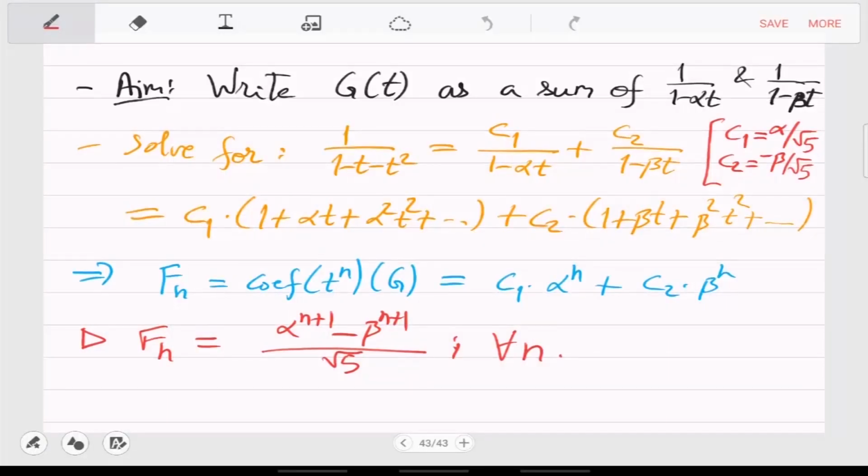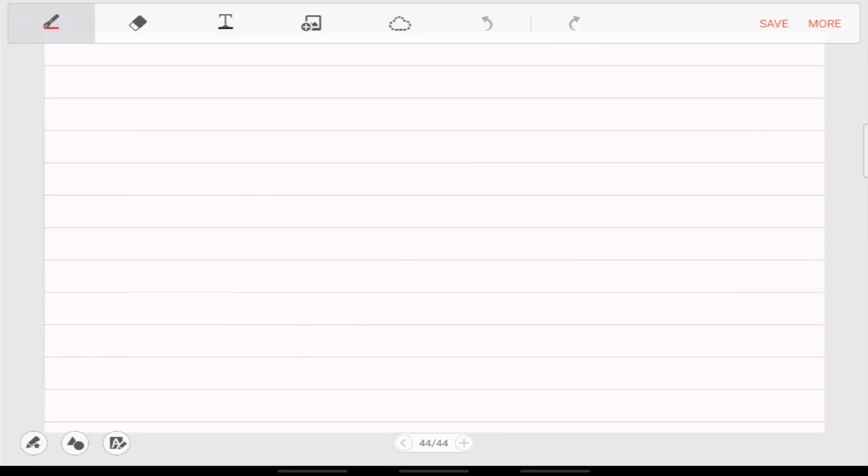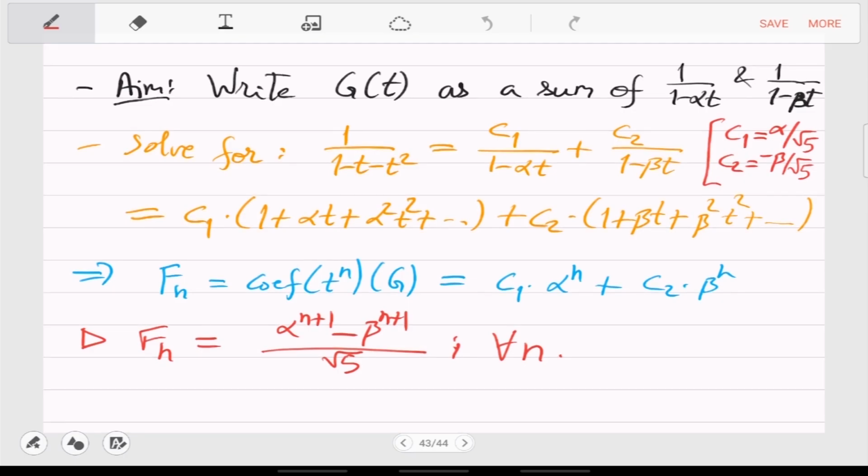proceed with the other kinds of linear recurrences, unless you have a question. So this is a powerful method for linear recurrences.